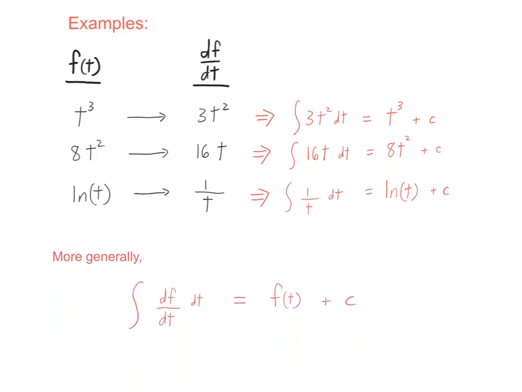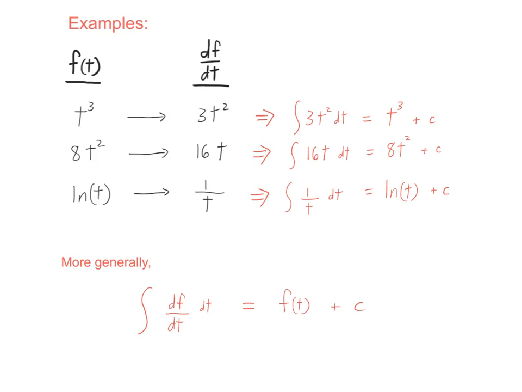So more generally, think about what we're doing here. We're taking the integral of a derivative, right? So we had some original function, we took its derivative, and then we said, let's integrate that derivative. So we took the integral of the derivative, and that gave us back the original function, plus some arbitrary constant.